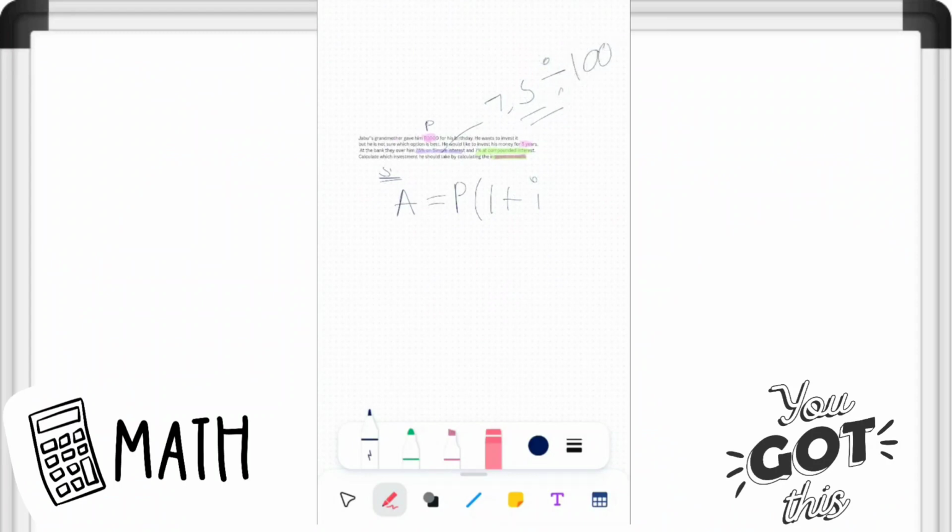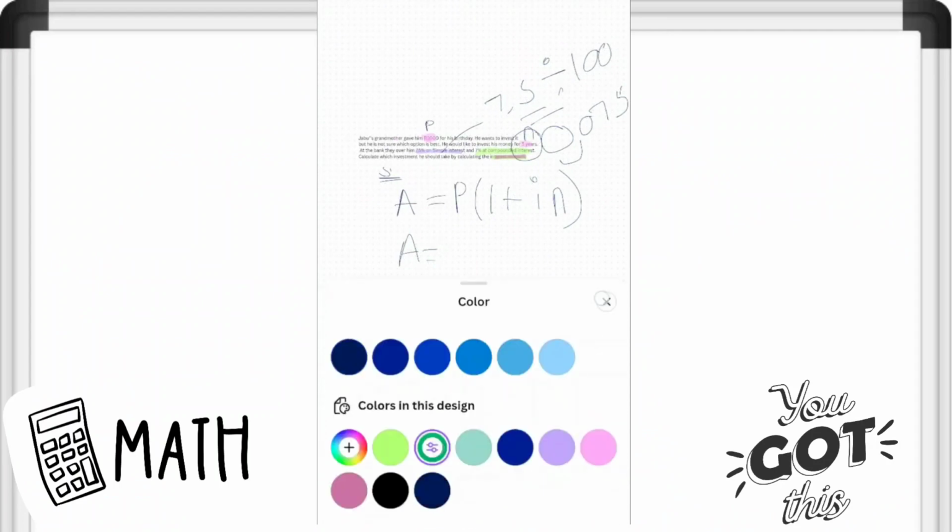Which gives us 0.075. Always do that with your calculator just to make sure. And then our time: that could be an N or a T. Usually we use an N. So this here is our N. Now what we have to do is put everything we know into our formula.